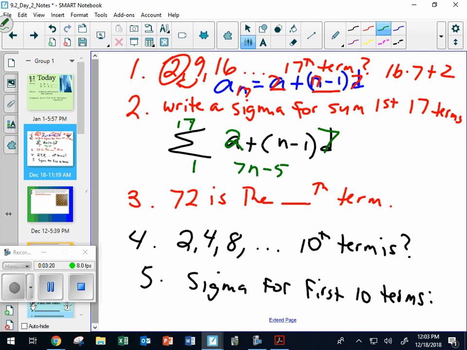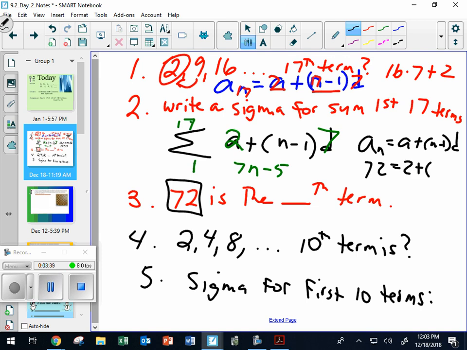Okay, next. 72 is the blank term. Once again, I'm going back to the formula. A sub n is 72 this time. 72 is the nth term. A sub n in this formula is 72. And A, the amount we started with, was 2, plus n minus 1. Do I know what n is? No, that's the point, trying to find n.